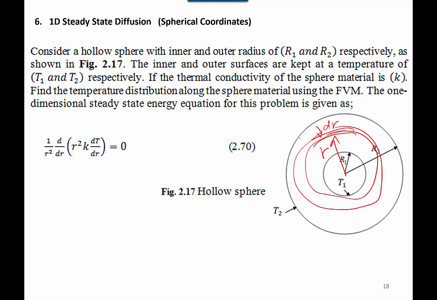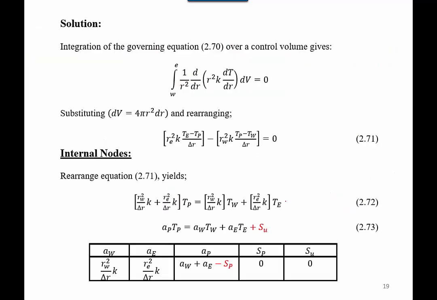It will be the surface of a small sphere with a radius small r multiplied by the thickness of this sphere dr. So the surface of any spherical shape is the derivative of the sphere volume. Therefore, this dV will be equal to 4 pi r squared dr.